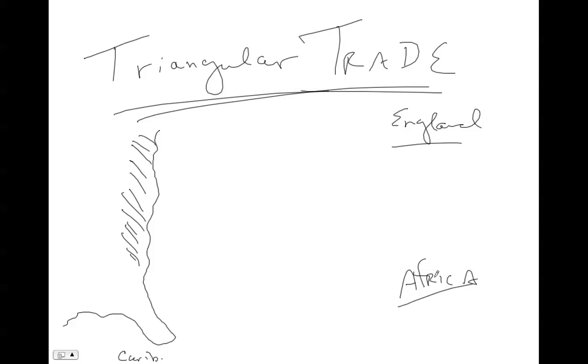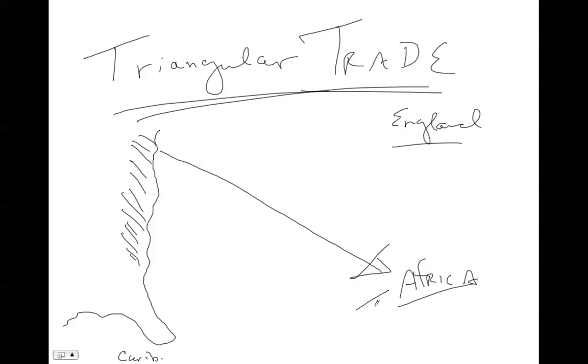While Atlantic trade patterns were very complex, the most important pattern was the triangular trade. In the first leg of the triangle, New England ship captains would sail to West Africa. And they would sell rum and purchase slaves. Sometimes guns as well.